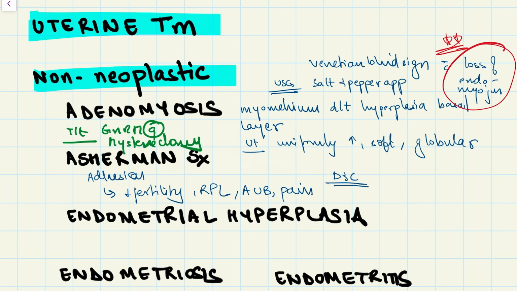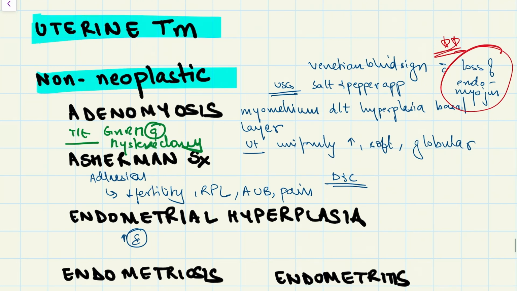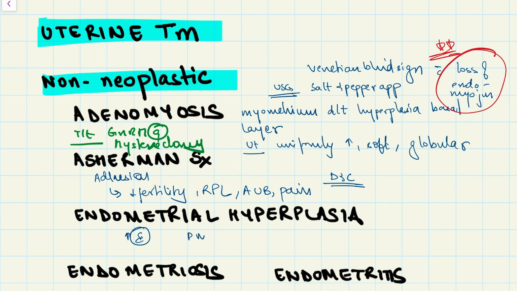Next is endometrial hyperplasia. So what happens is that there is abnormal endometrial gland proliferation due to increased estrogen, right. It increases the risk of endometrial cancer, especially with nuclear atypia. It presents with postmenopausal bleed and its risk is increased with anovulatory cycles, right?